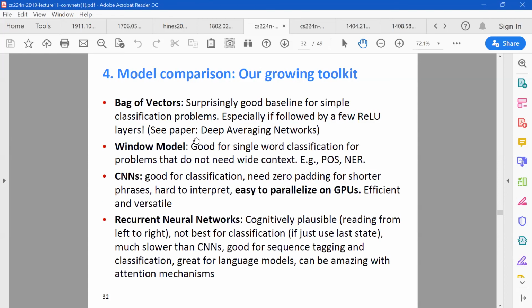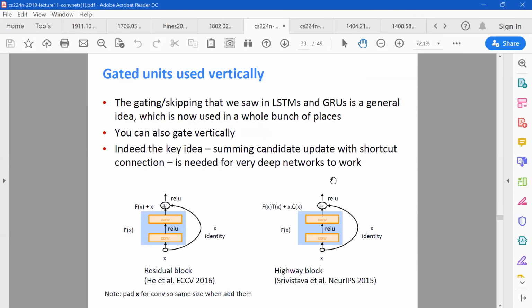So the rest of this, let's see what he thought. Oh, he talks about these gated units used vertically. This is something we've seen before. When we looked at, if we took Jeremy's class, we saw these residual blocks where you skip levels, you process an input through some layers, but then you also add it back at the end so that you don't lose the initial information.